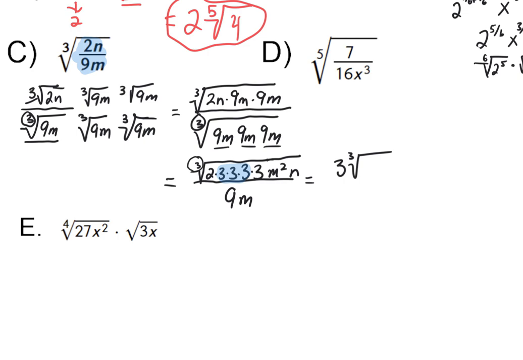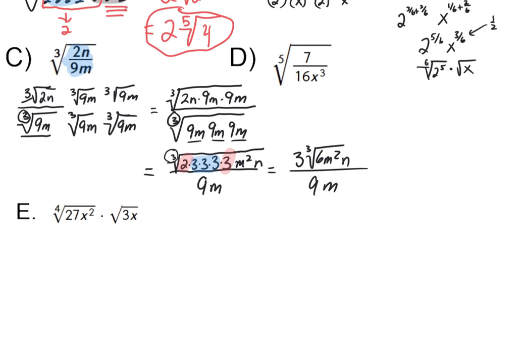Again, I have a 2 and a 3 left. So 6m squared n over 9m. And finally, 3 goes into 3 once, 3 goes into 9, 3 times. So the cube root of 6m squared n over 3m is my final answer.